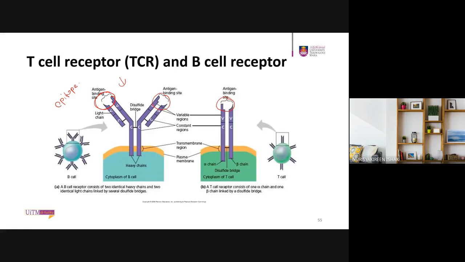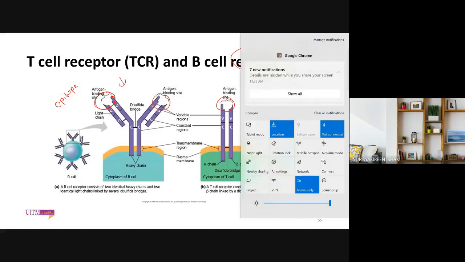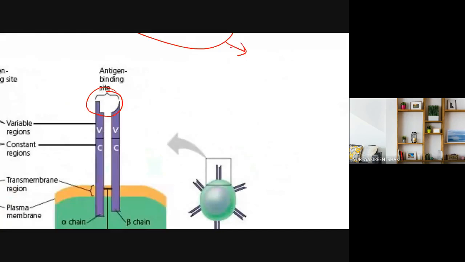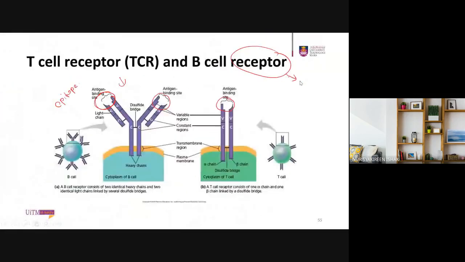A B cell receptor consists of two identical heavy chains and two identical light chains linked by disulfide bridge. Okay, kalau kat sini awak tengok kalau receptor ni, dia sebenarnya adalah polypeptide chain. Dia adalah protein.